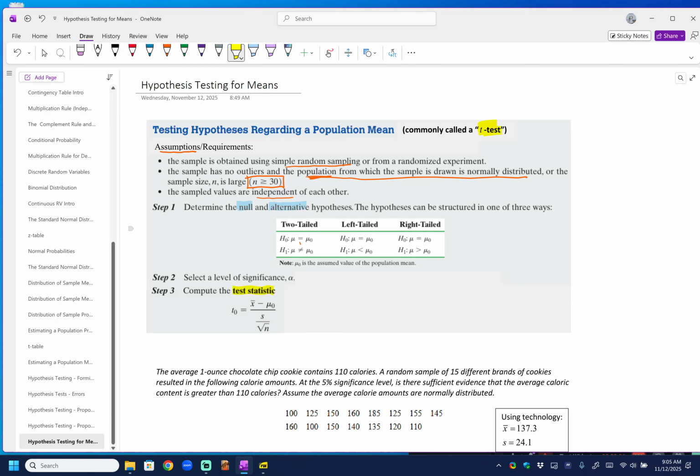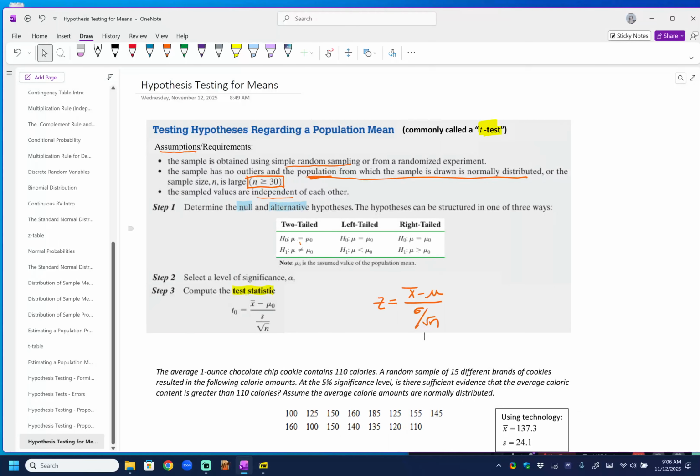You'll notice that the formula is obviously much different than the test statistic for population proportions, but it's in the same form or format. Just as a reminder, when we were doing sampling distributions of sample means, we were asked to standardize some value, and we standardized it into a value of z, which was x bar minus mu over sigma divided by root n.